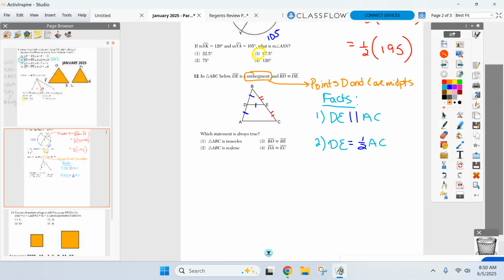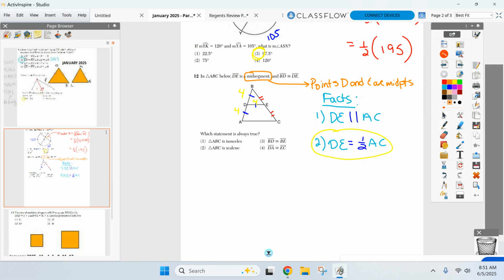But hey, when in doubt, let's throw some numbers on here. We got a lot of congruent pieces. We'll throw a number out. BD, how long is it? 4. You got it. So what else is 4? DA, DE. Yes? And can you find AC now?